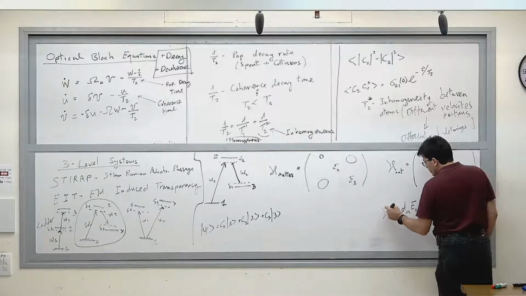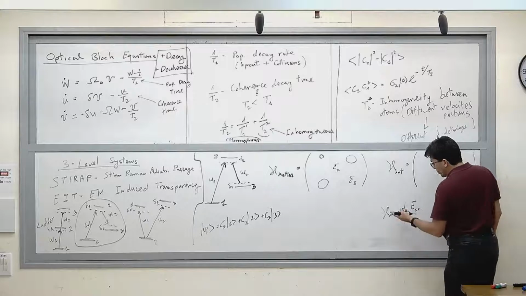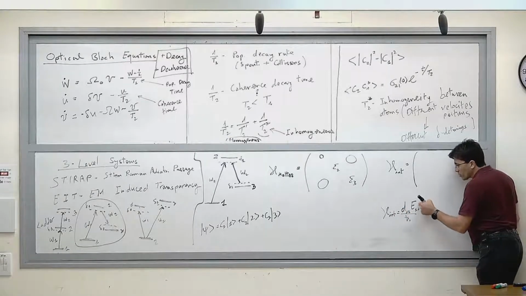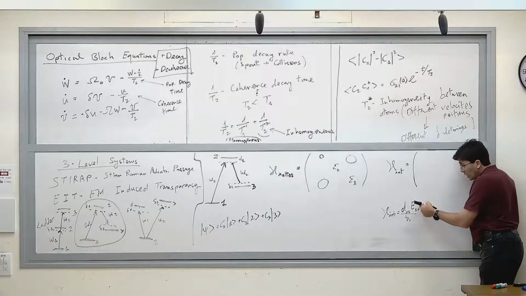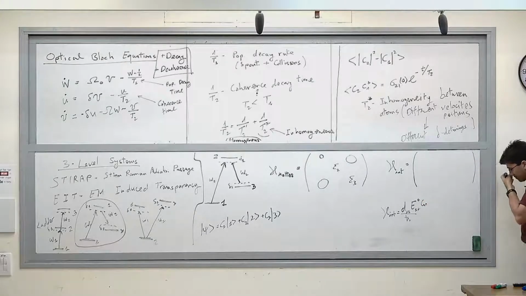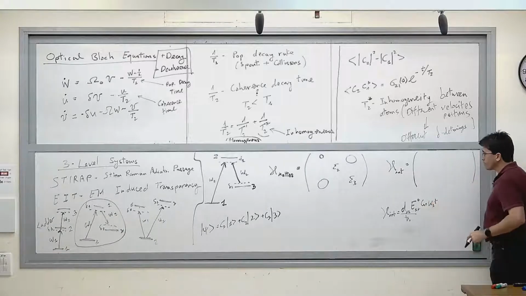So yeah, I'll write it divided by h bar because I'm going to take h bar to be 1 very soon. And this is a function of time. So this E12 has an amplitude and, excuse me, cosine omega 1t.